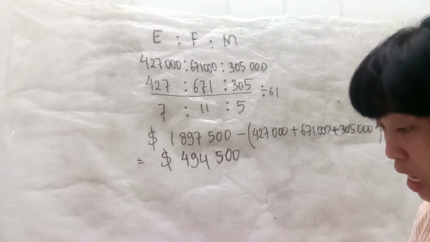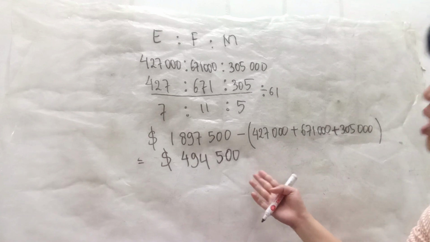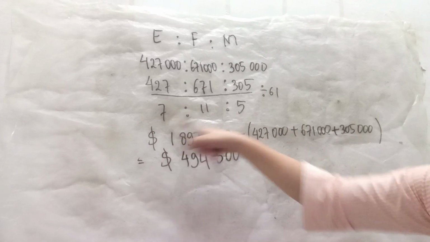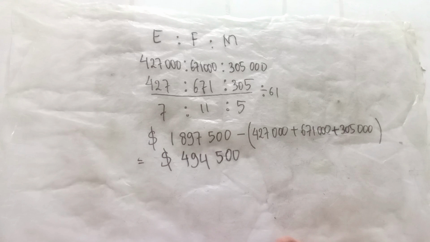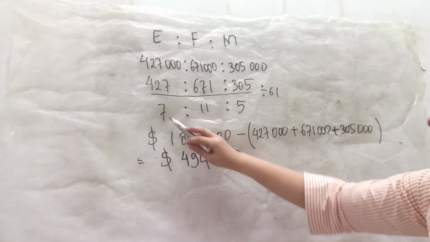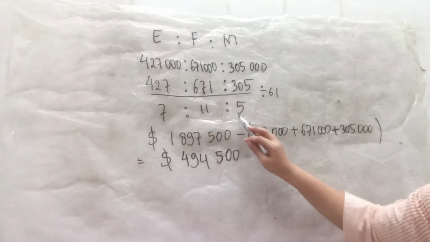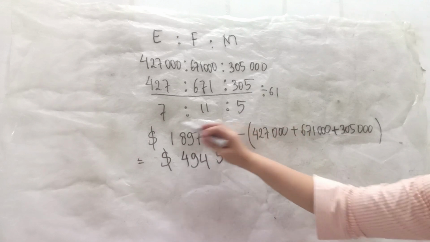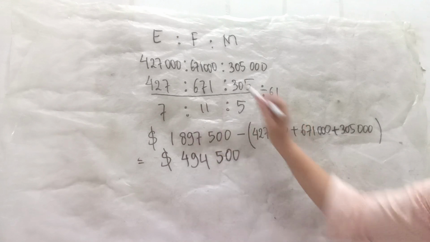And then they want to share this according to their investment. The total is 7 plus 11 plus 5, which means 23 units.